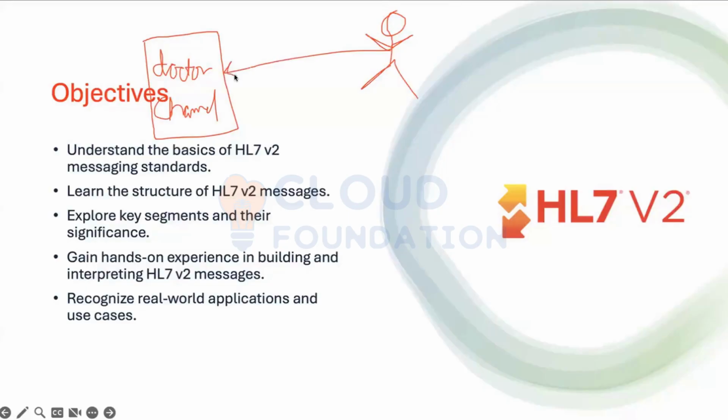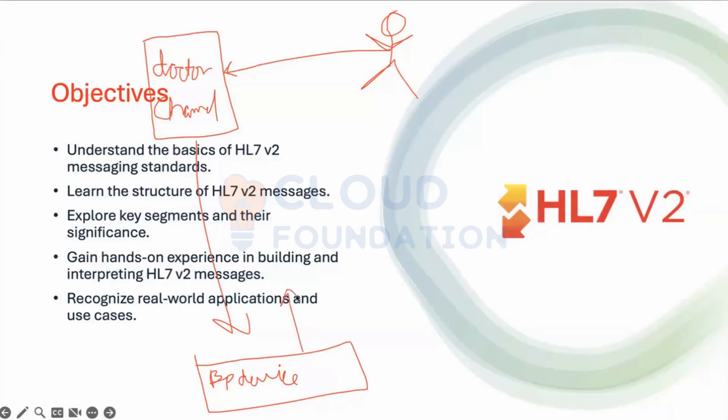He suggested you do a blood pressure check. Let's say this is your blood pressure device. Doctor suggested you do your blood pressure check. This blood pressure device will trigger an HL7 V2 message.